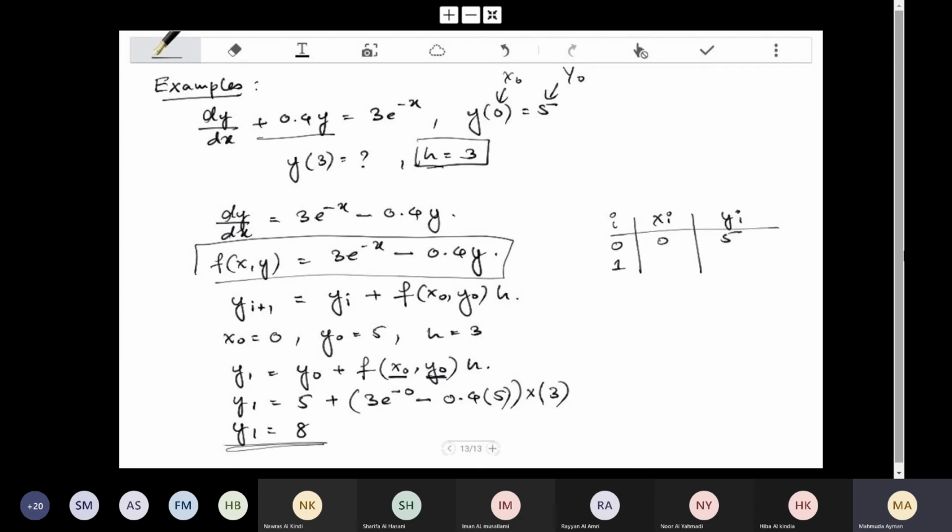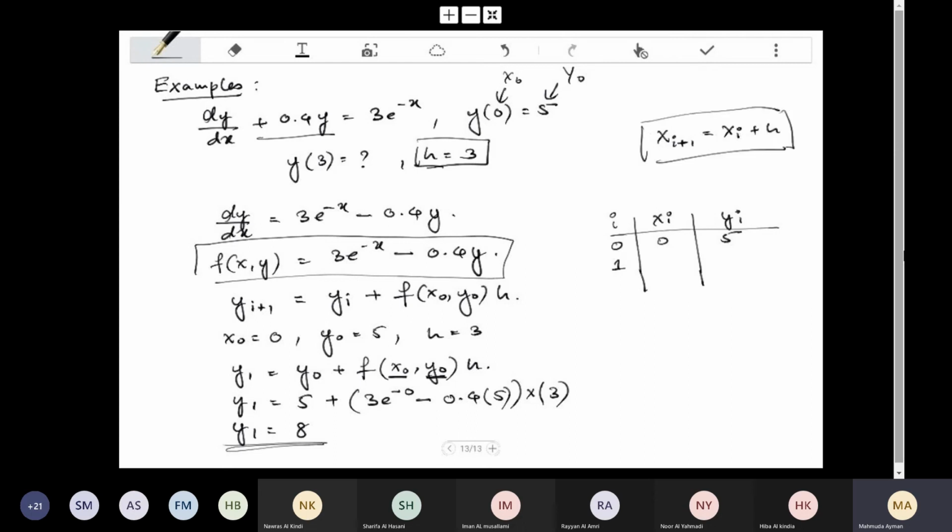When i is equal to 1, to calculate x1 you will use this formula here: x_{i+1} is x_i plus h.